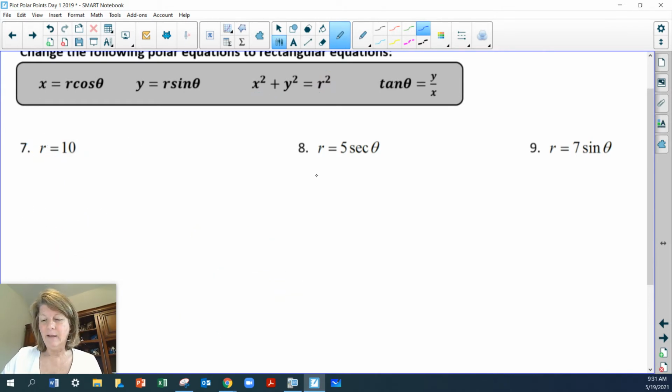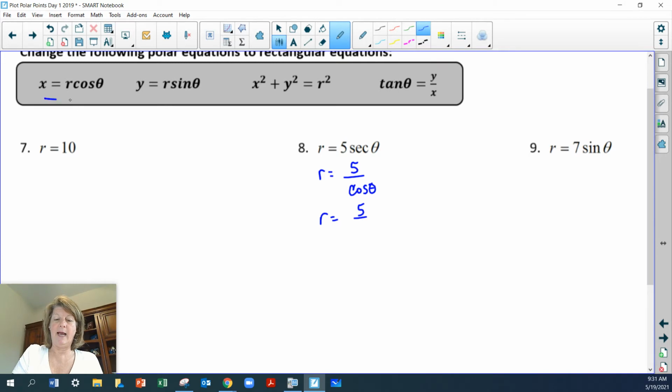Liking that one. This one, r secant. Well, I'm not good with the secant, so I'm going to change that over to a cosine. We know we want to get it into x and y. Cosine could be written as what? I'm just kind of stabbing at things right now.